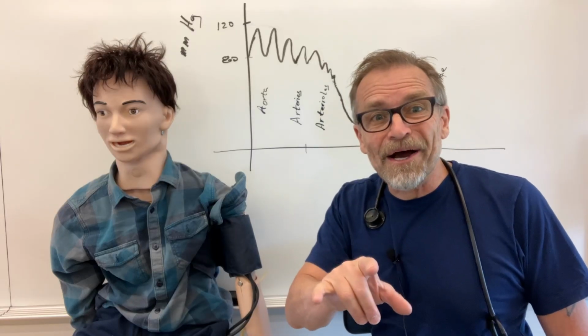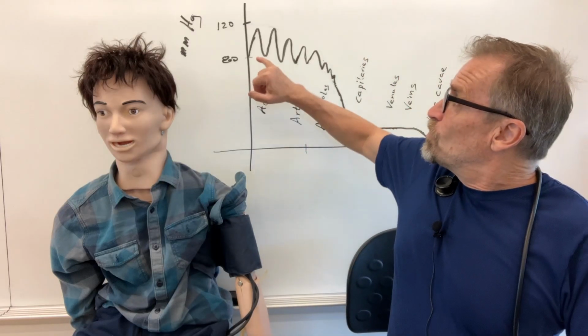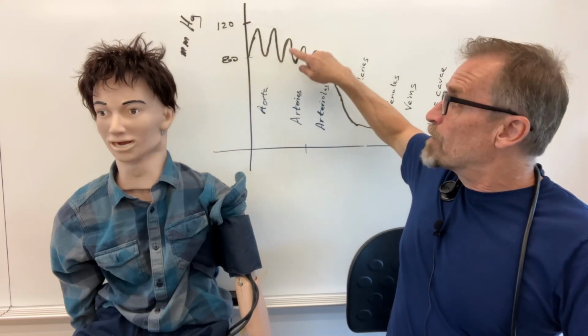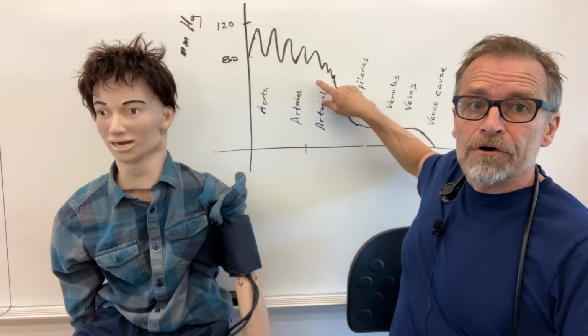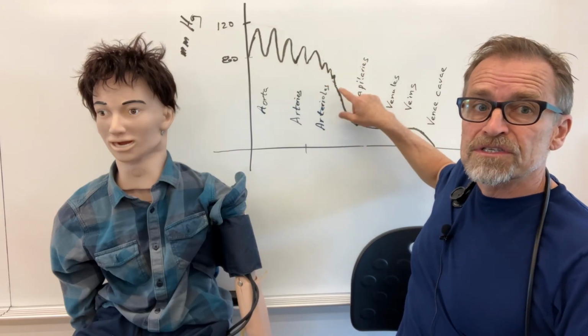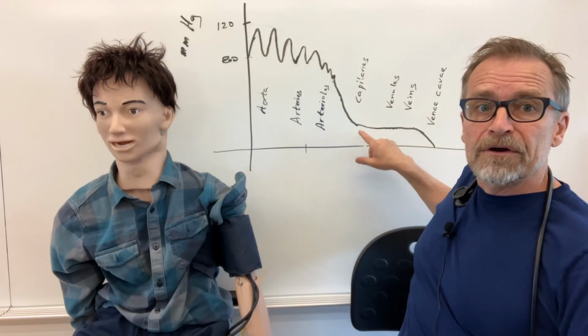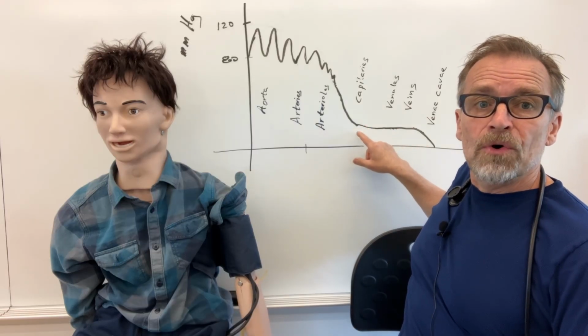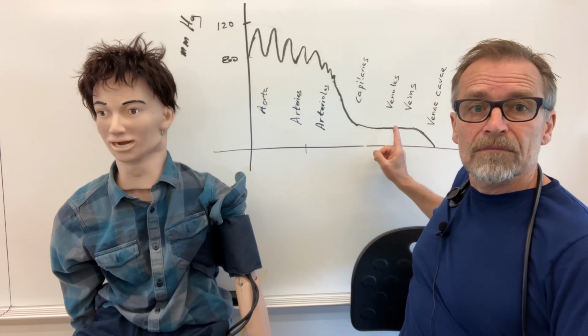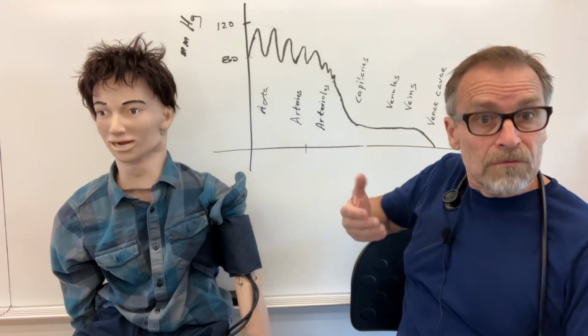Okay. Anyways, so what we get then is a fluctuation. The pressure goes up, comes down, goes up, comes down in the aorta, in the arteries, to some degree in the arterioles, though then the fluctuation decreases some. And then when you get to the capillary beds, it starts going way down. And when you get into the venous system, pressure's very low, right?